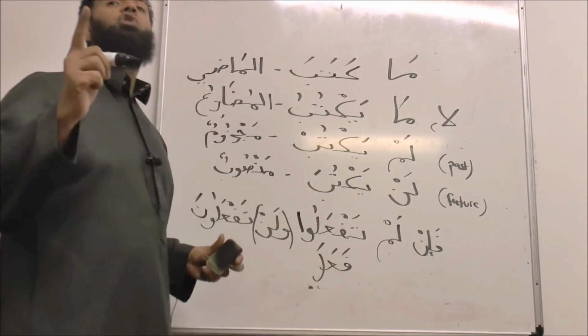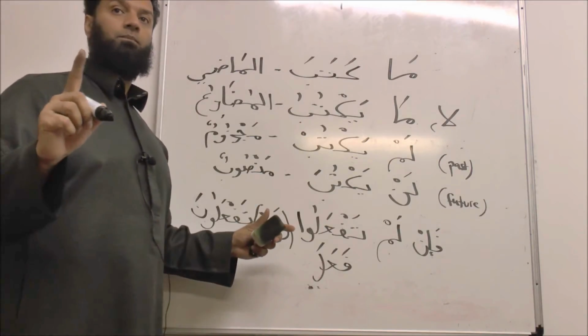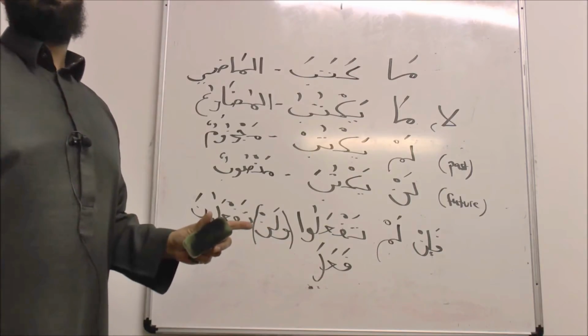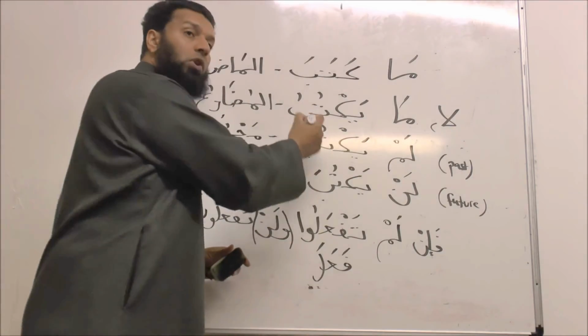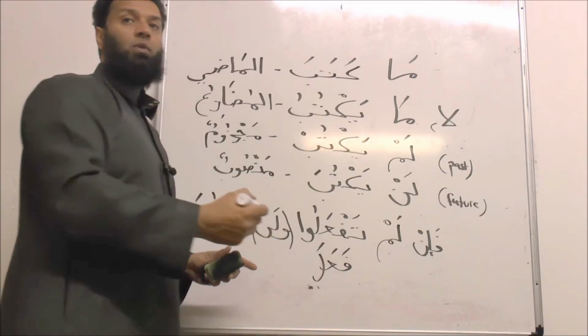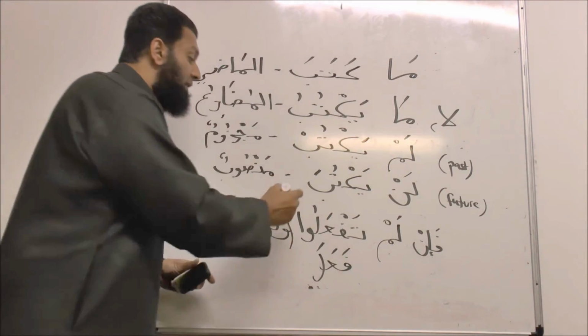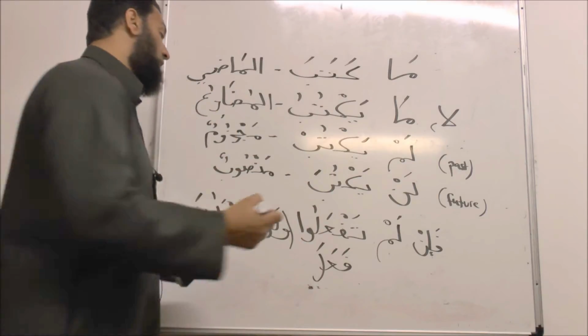That is the majzum state of taf'alu. So there's no sukoon. You can't add a sukoon. But the majzum state is that you drop the noon and you write an alif.